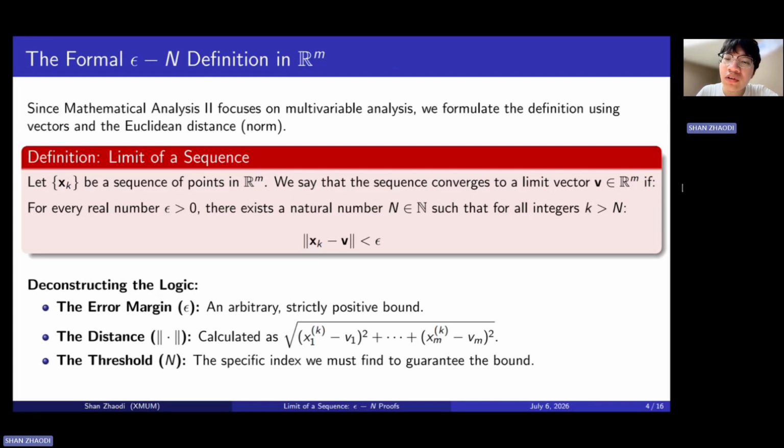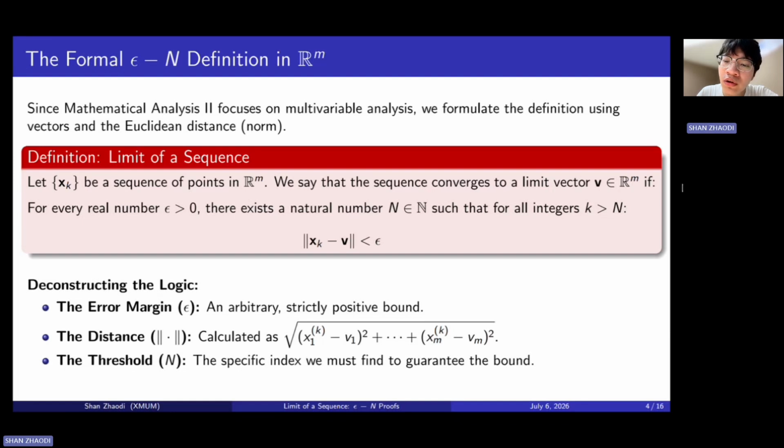Since our course focuses on multivariable analysis, let's look at the formal definition in R^m. A sequence x_k converges to a limit vector v if for every real number epsilon greater than 0, there exists a natural number N such that for all integers k strictly greater than N, the Euclidean distance between x_k and v is less than epsilon.